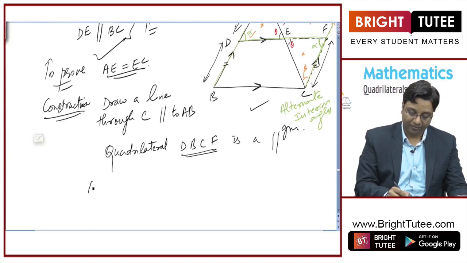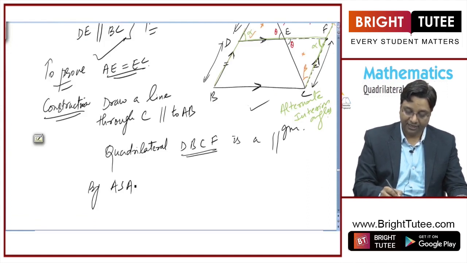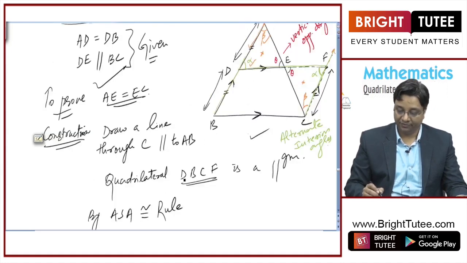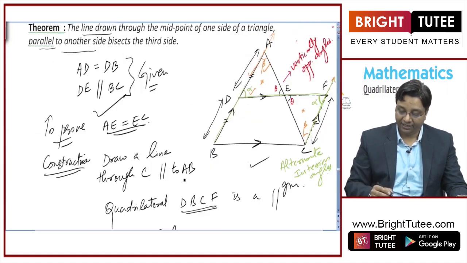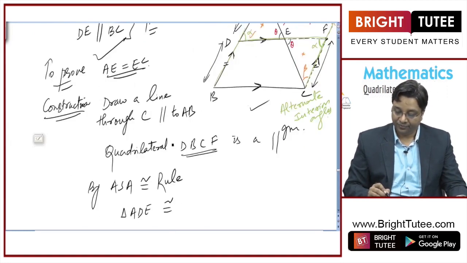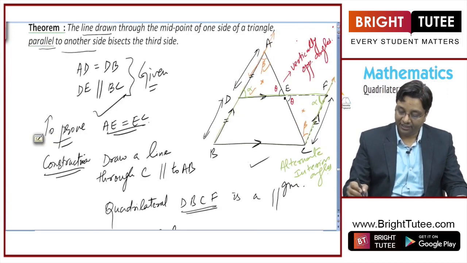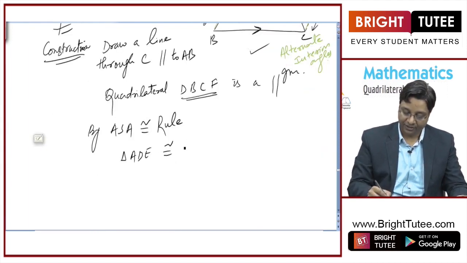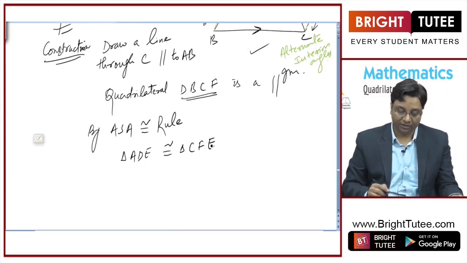So I can say by angle side angle congruence criterion, triangle ADE is congruent to, when I say ADE, which angles I am talking about? Beta, alpha, theta. So I'll go beta, alpha, theta, CFE. So I have seen the correspondence now.